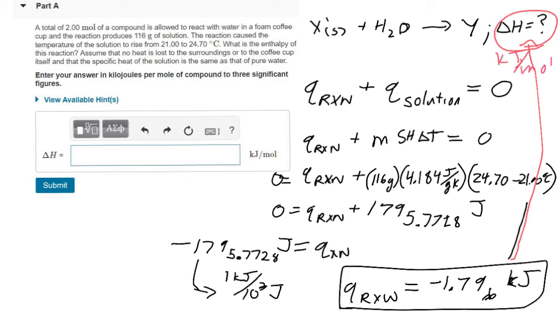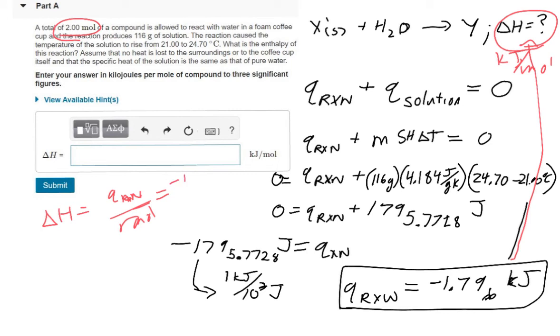So we have to take this Q, and delta H is going to equal the Q of the reaction divided by the number of moles we actually reacted. In this example, they made it easy for us by giving us 2.